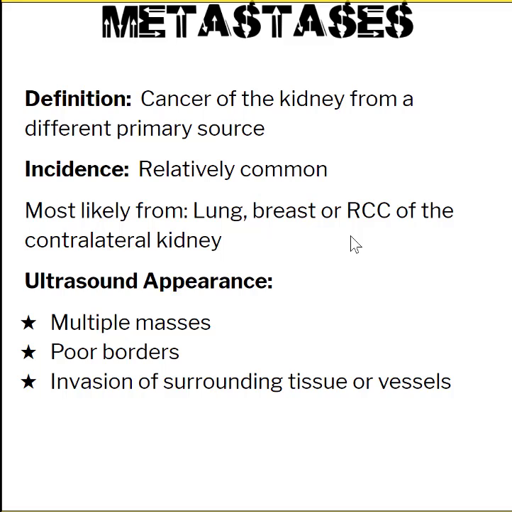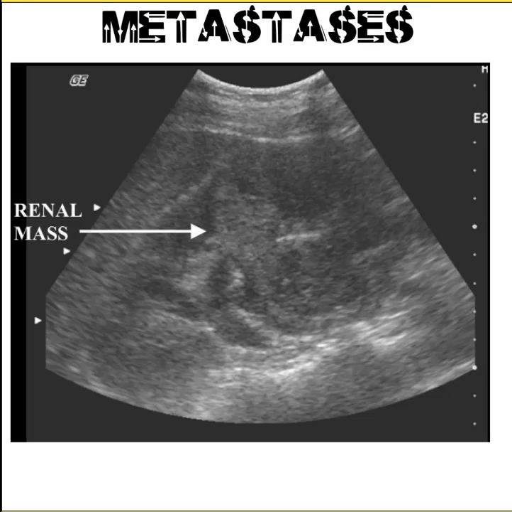So if the right kidney has RCC, it's not uncommon for it to metastasize as RCC to the left kidney. On ultrasound then, we're going to see multiple masses exhibiting poor borders. We might start to see some invasion of the mass into surrounding tissue or into blood vessels in the area. So in this image here, we can see again the renal cortex.